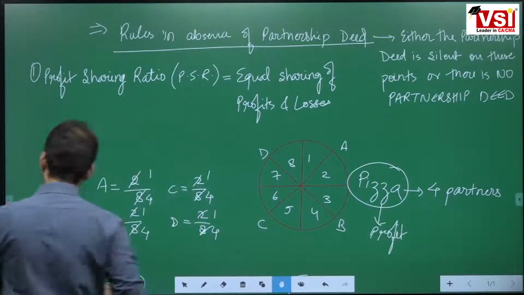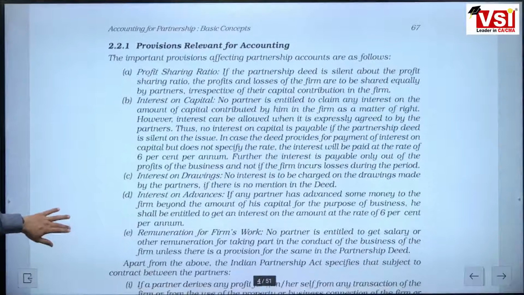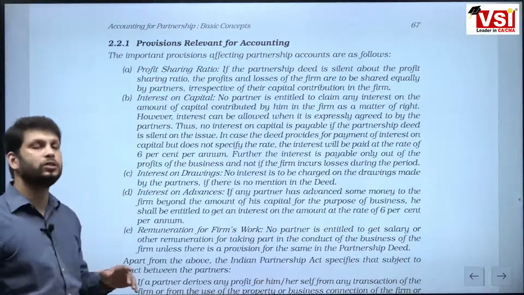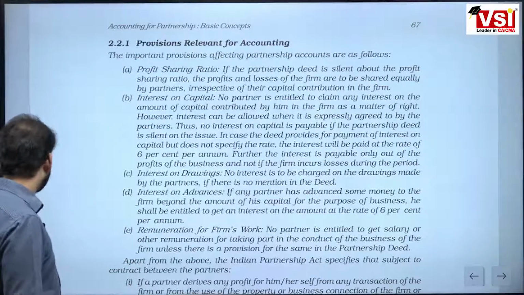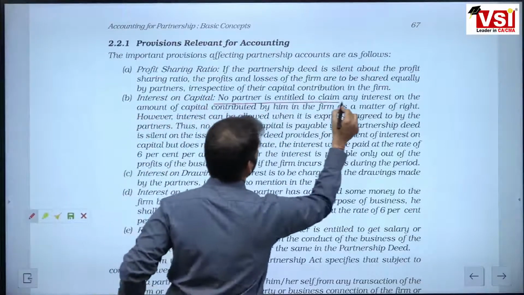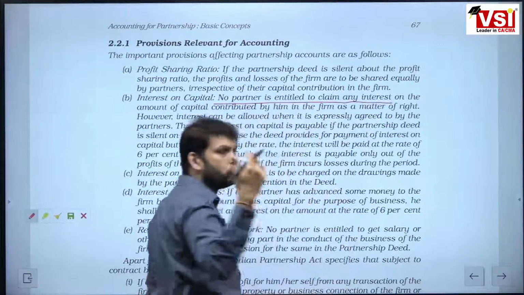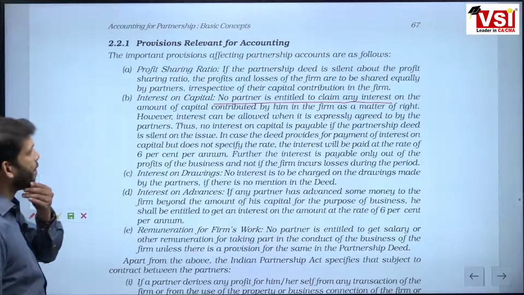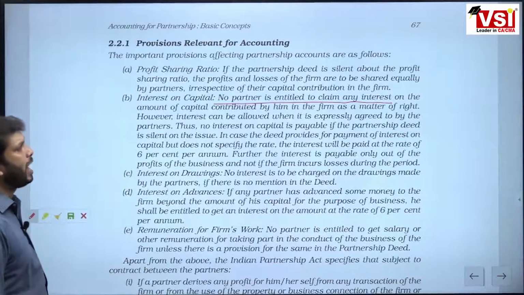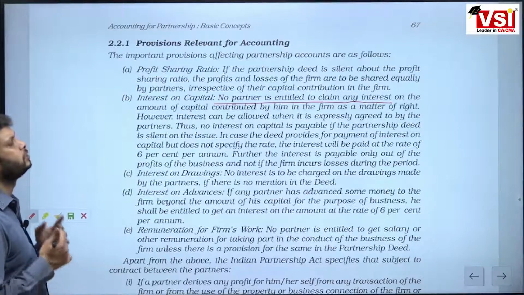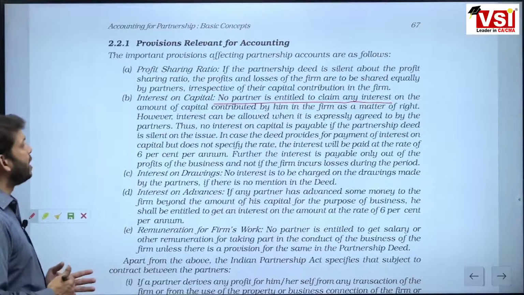The second rule in absence of partnership deed is interest on capital. Will there be any interest on capital? The rule says no, no partner is entitled to claim any interest on the amount of capital contributed to the firm as a matter of right. However, interest can be allowed when it is expressly agreed to by the partners.